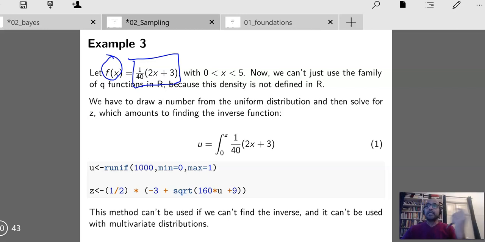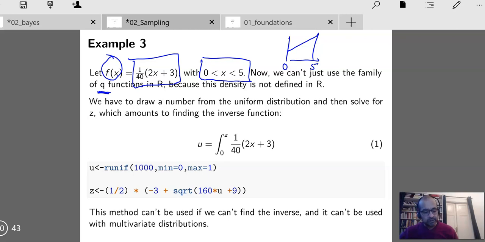There's no way for you to obtain samples from this distribution. Let's assume for simplicity that the support of this random variable ranges from 0 to 5. If I plot this PDF, it will look something like this. The x-axis ranges from 0 to 5. So now we don't have any Q family of functions to use inverse sampling with.